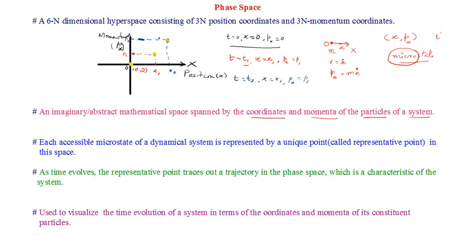Such a type of space is what is known as the phase space of the system. By space we mean the physical space now, or it's actually a mathematical space, to be very clear. When it goes to higher dimensions it will become a mathematical space. For simple cases it can be the physical space as well.